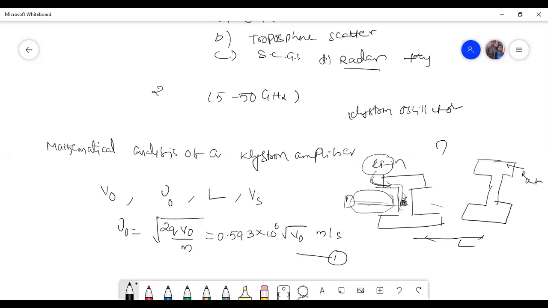Next, I already told that I want to apply the RF signal Vs, and Vs is equal to V1 sin omega t. Suppose this is equation number 2.